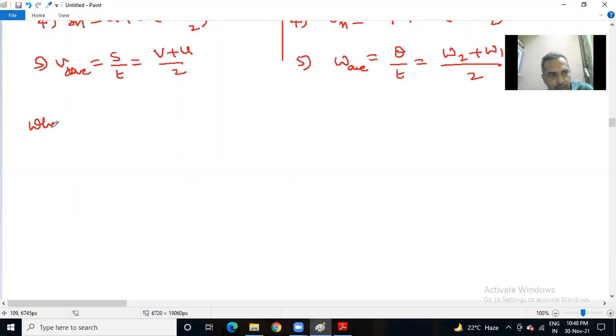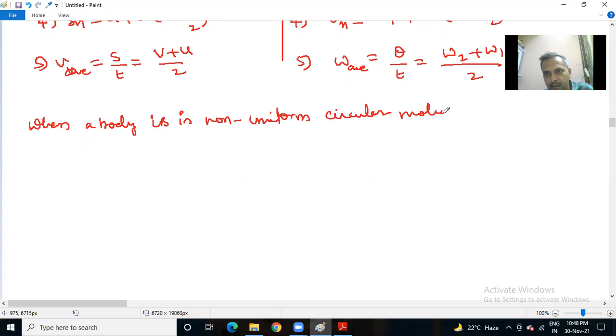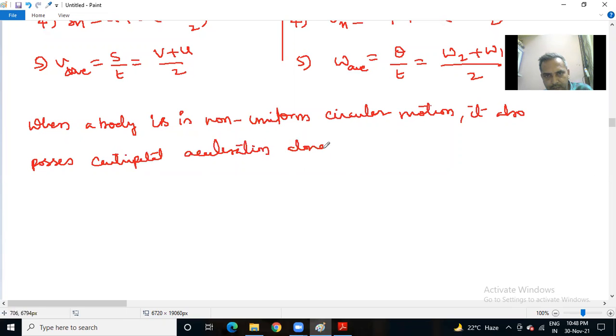When a body is in non-uniform circular motion, it also possesses centripetal acceleration along with tangential and angular acceleration.